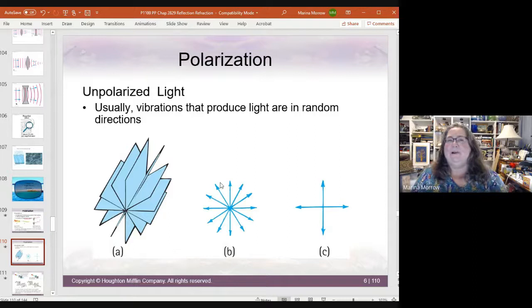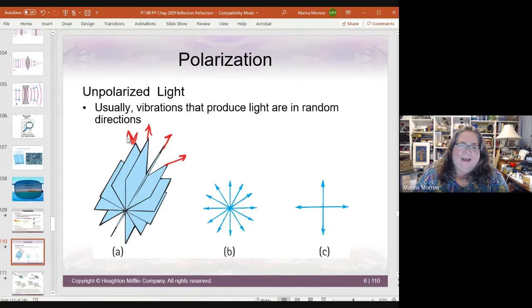Now, unpolarized light has the electric field in many directions. So there are many beams of light. One individual beam will have its electric field in a certain direction. But when you've got millions and millions of photons or beams of light coming towards you from the sun, they're unpolarized, in many directions. Now we can represent it like this.